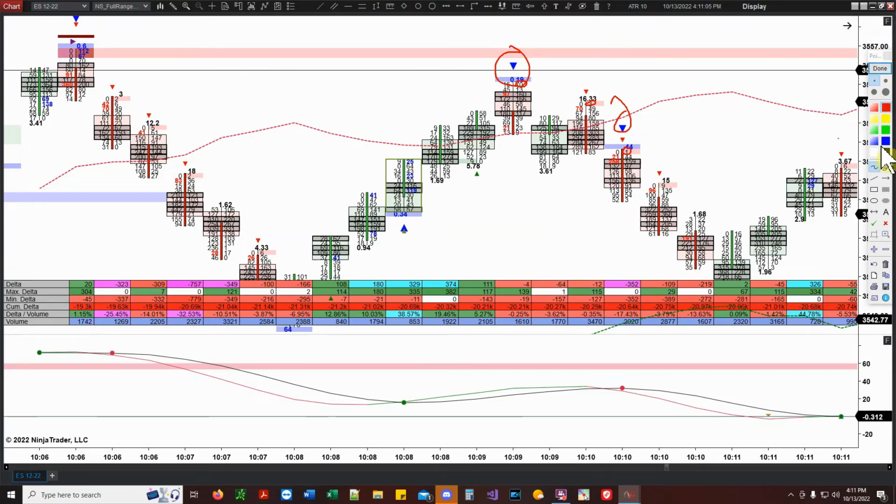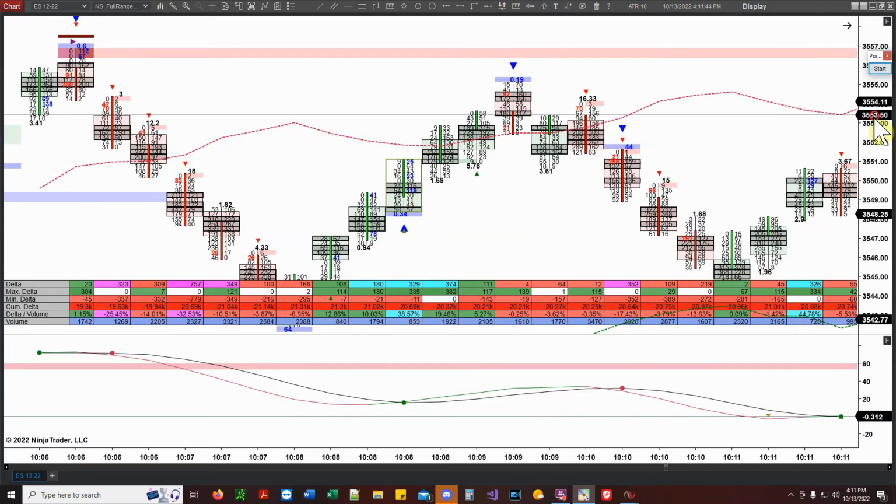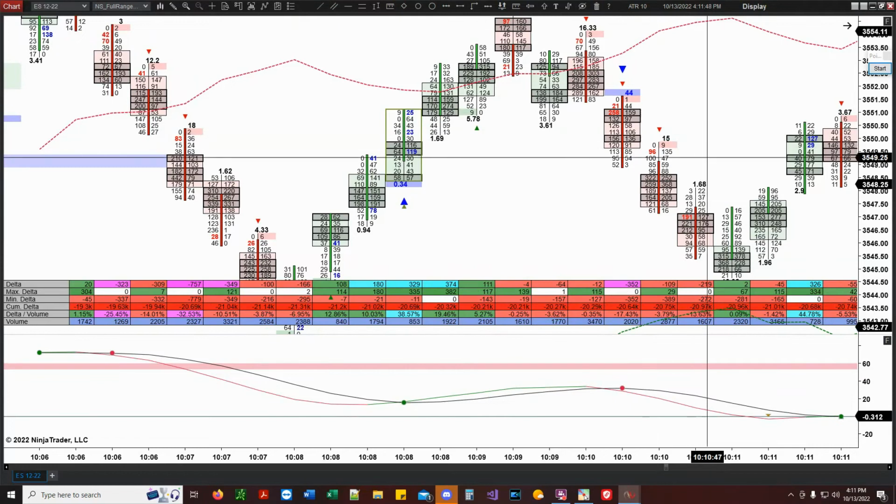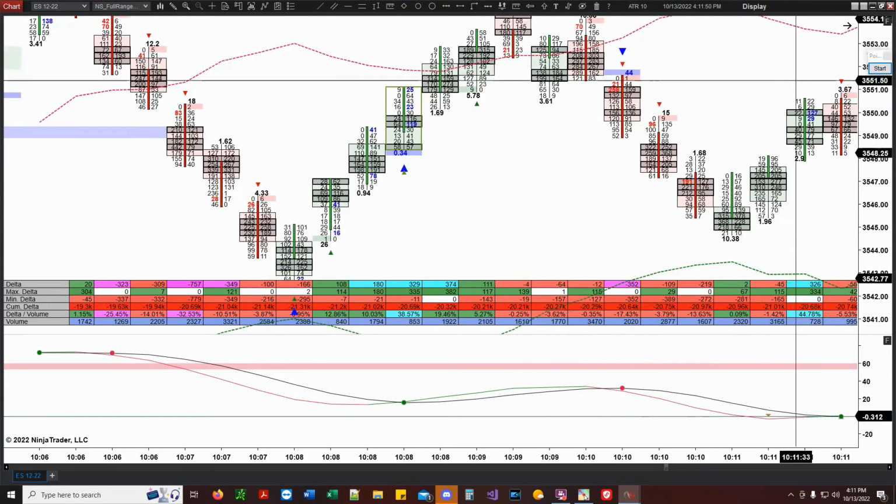Not a bad trade. The entry probably would have been somewhere around in there, worst case scenario. Your stop goes right here. You would have got enough out of that before it turned around and went back up. You would have gotten quite a bit out of that.